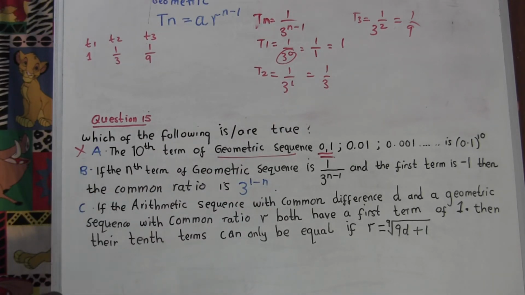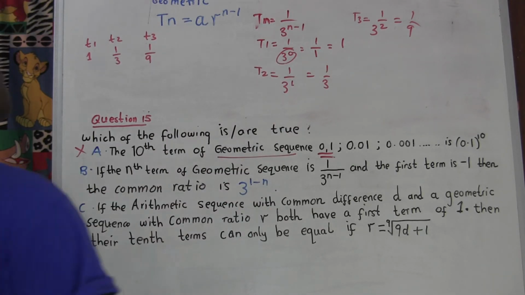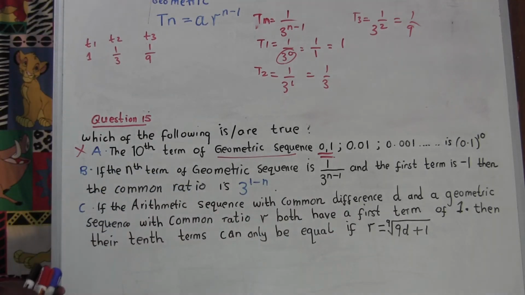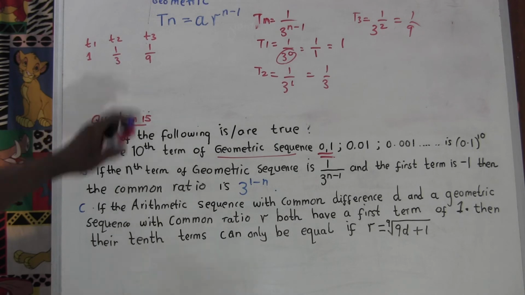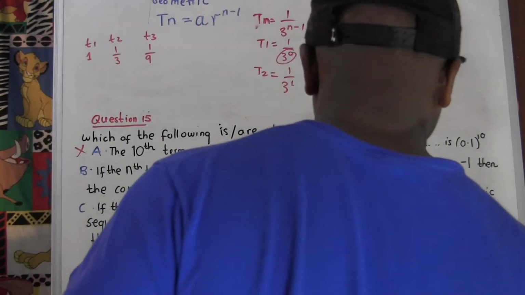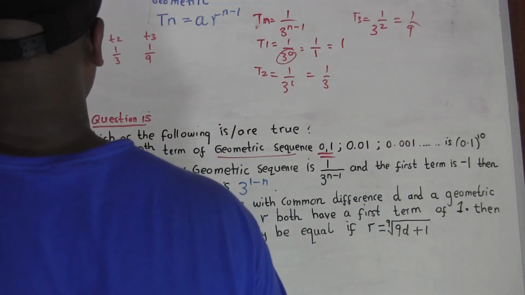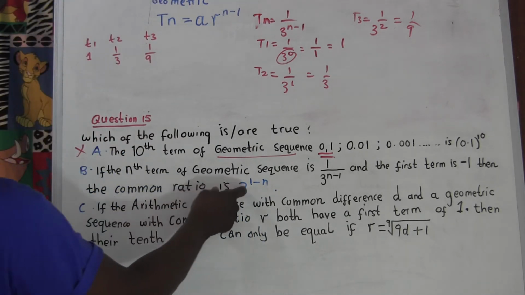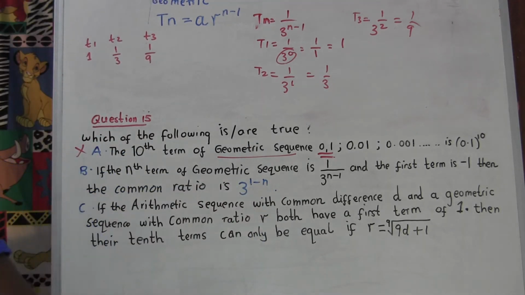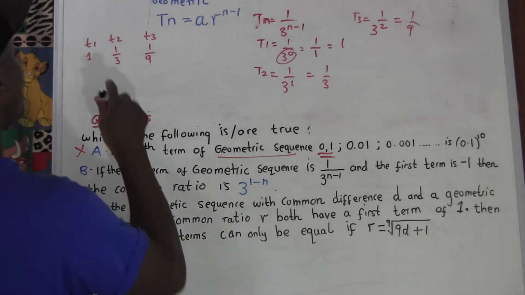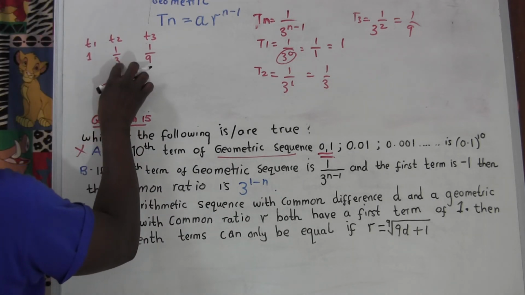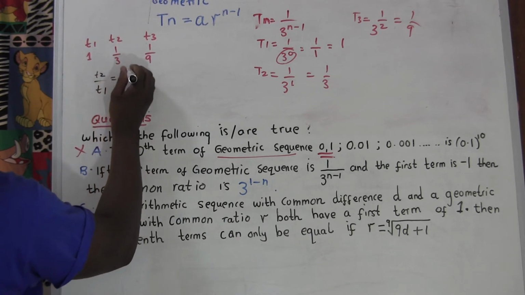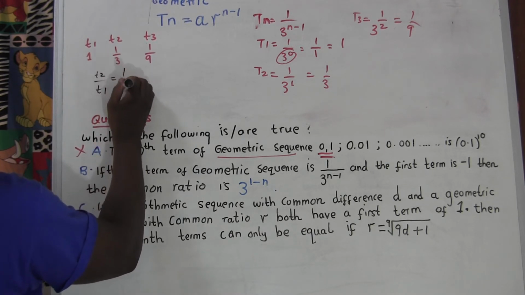Now they say, let's see if the common ratio equals this. If I take this divided by this, we want to see if it's going to give us the common ratio that they're talking about. They say the common ratio is this. Now let's divide. Term 2 divided by term 1 equals 1 over 3 divided by 1, which is 1 over 3.